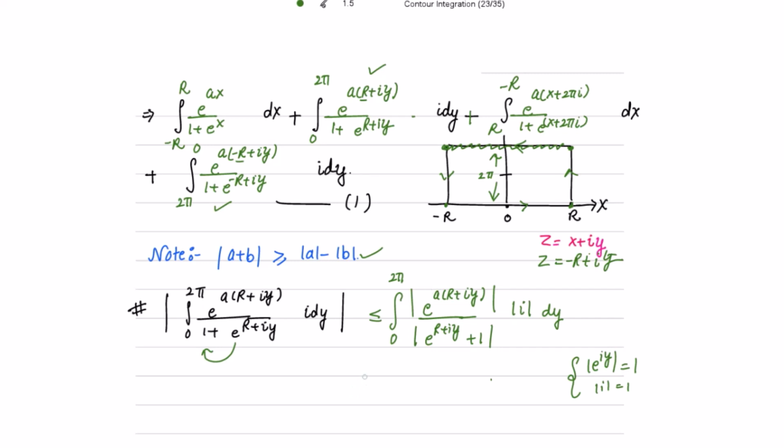Okay, let's solve this. This is further less than or equal to, I'm using this inequality in the denominator. So this is 0 to 2 pi, because taking the reciprocal, the sign will be less than or equal to then. And mod of this is e to the power ar, because it can be written as e to the power a iota y, and if you take the mod, this has already gone to 1.